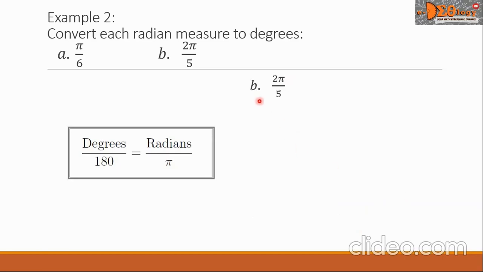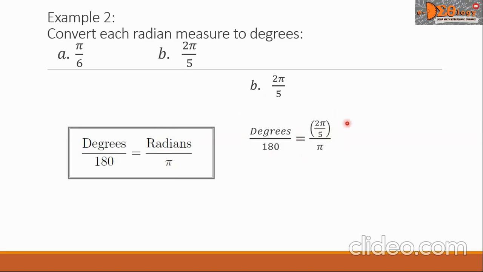Let's have the letter B, the 2 pi over 5. Again, we will copy this formula, and on this portion of the radian, we're going to substitute that value 2 pi over 5. So we have now degrees over 180 equals the 2 pi over 5 all over pi. Then we will simplify.